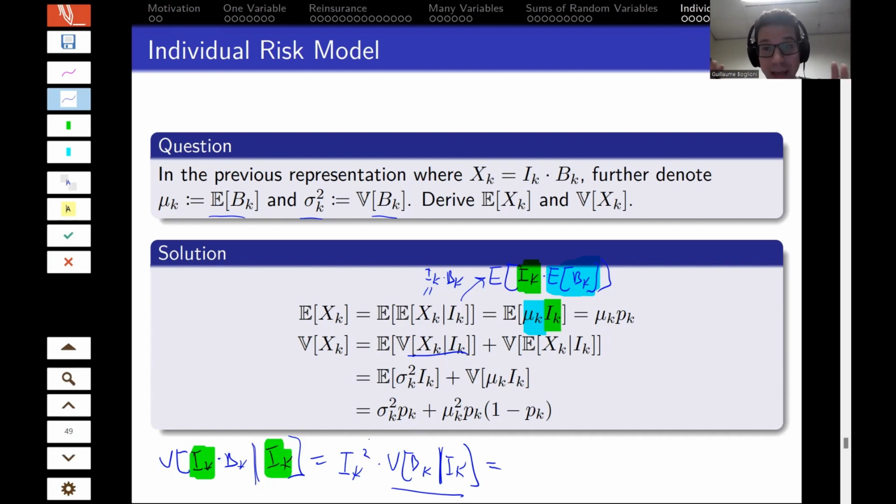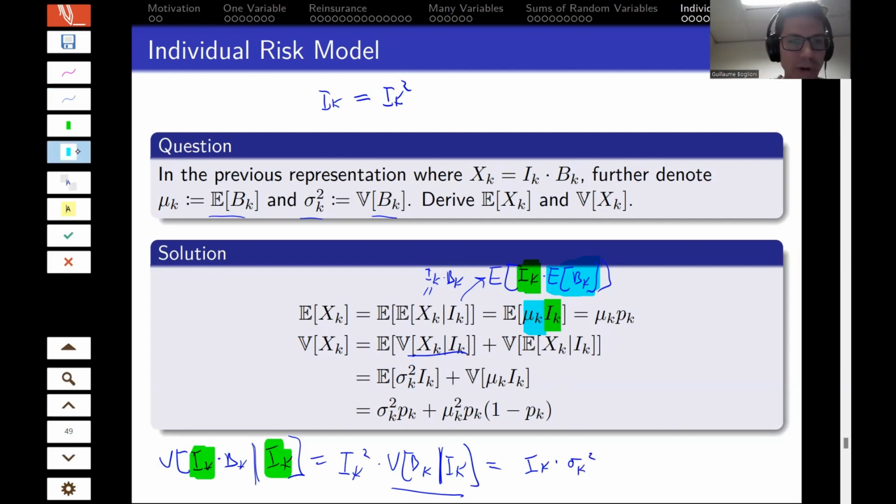In this specific case, IK is just 0 or 1. So of course, IK in the specific case that it takes only values 0 and 1 is the same thing as IK squared. Okay, because 0 squared is 0 and 1 squared is 1 again. So IK is equal to IK squared, which is why here we can rewrite this as IK times variance of BK, which is sigma k squared.